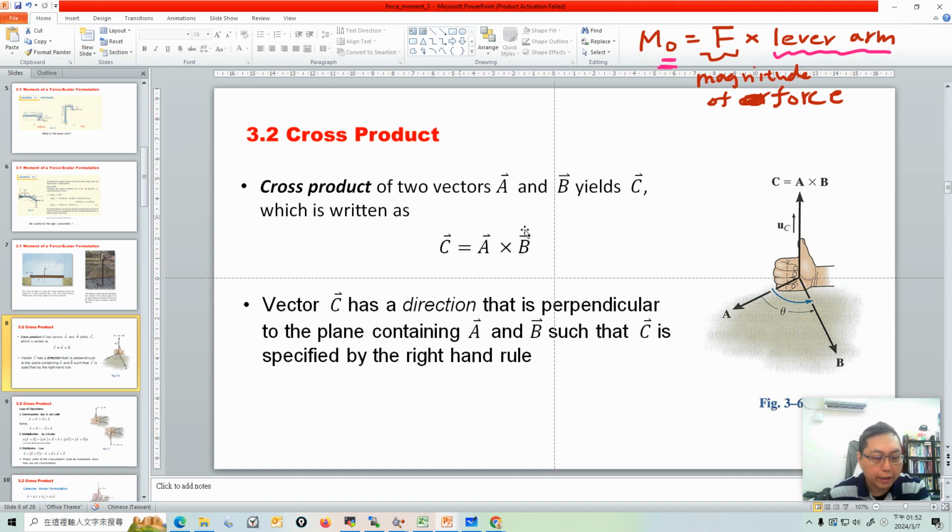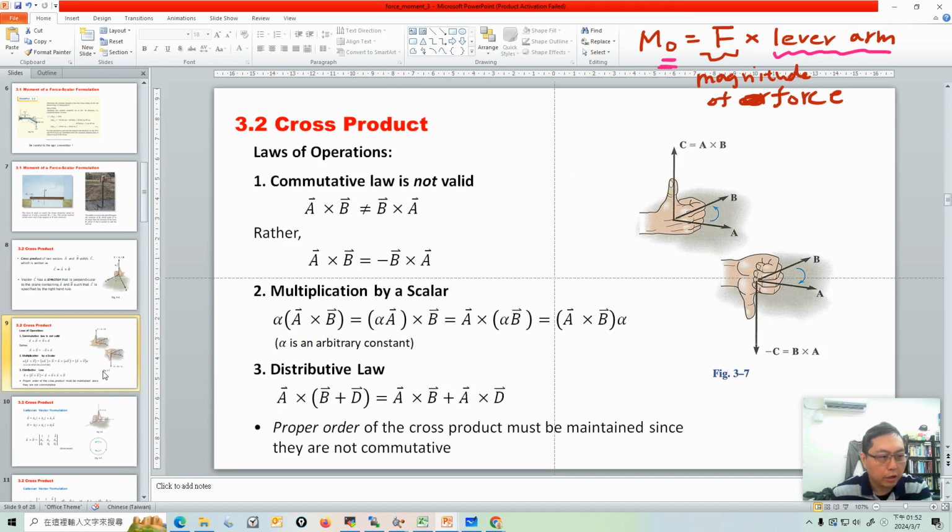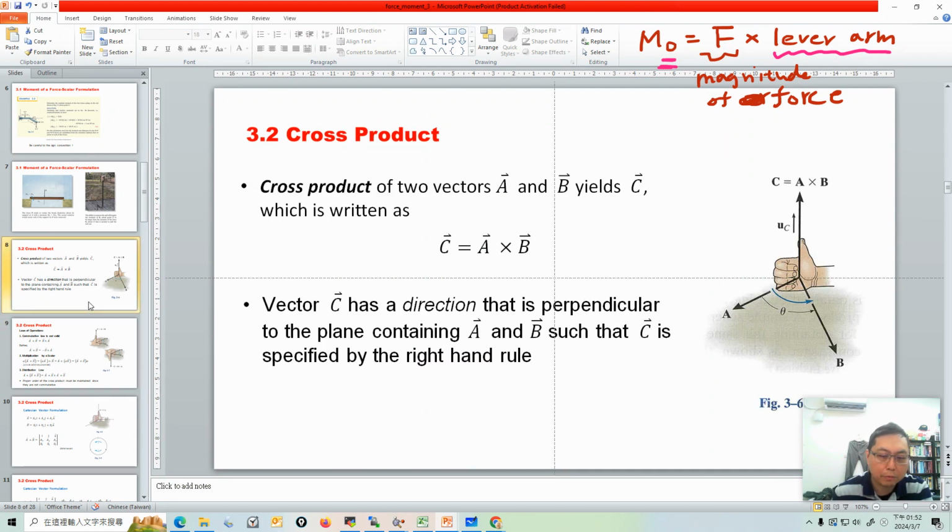So it's A cross B, and there are some rules for the cross product. I think the most important rule is that A cross B is not equal to B cross A. For the cross product we use the right hand rule, just like we did for the rotation of the moment in the scalar formula.